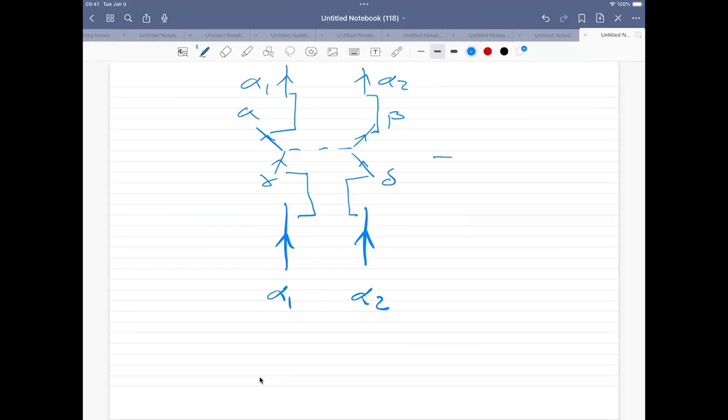And when you perform all these contractions, then we are changing the labels. The specific matrix element which we were looking after would then be labeled like this: alpha 1, alpha 2, alpha 1, and alpha 2.